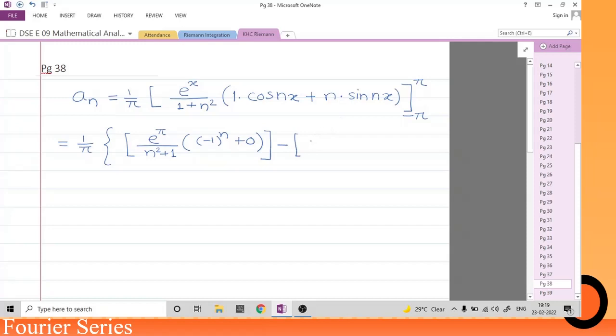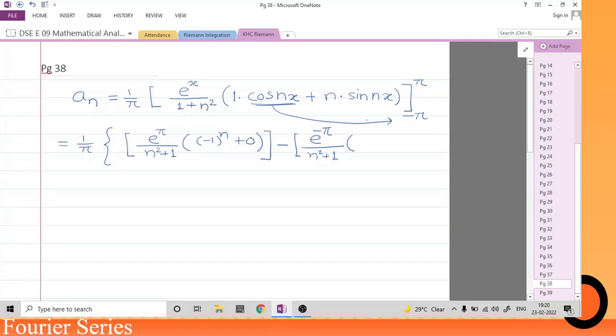Upper limit minus, now go for the lower limit. Now replace x by minus pi. So you will get e raised to minus pi upon again 1 plus n square. We can write it as n square plus 1. Again for cosine, the cosine of a negative angle is the same as the cosine of theta, that is cos of minus theta is equal to cos theta only.